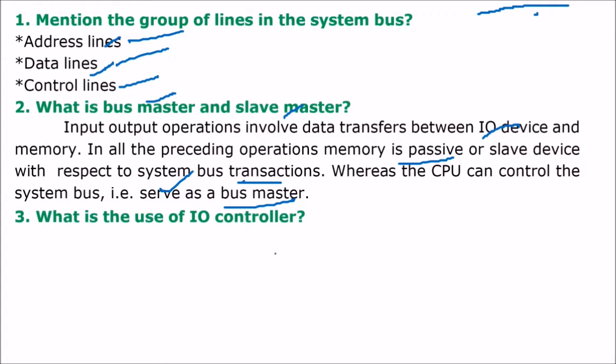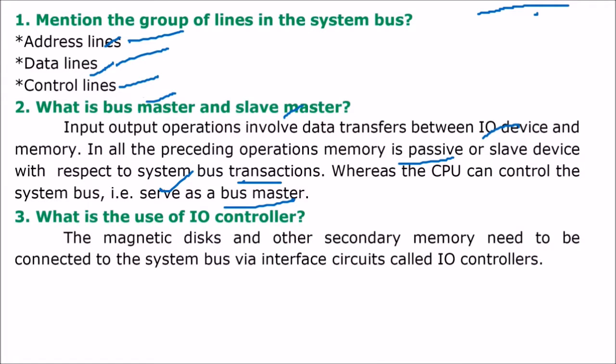What is the use of the input output controller, the IO controller? The magnetic disk and the other secondary memory stable storage need to be connected to the system via interface circuits called the input output controllers. Let me tell you what happens here. This is your system. It has an OS in it. OS means operating system. OS has its own program. Now you want to control or add some input output.